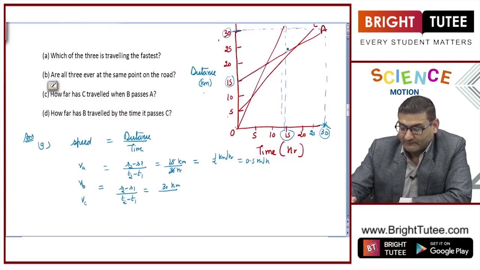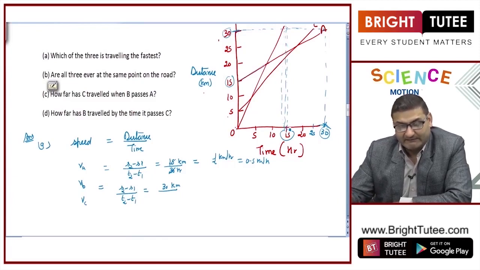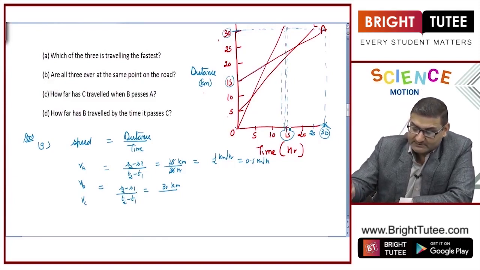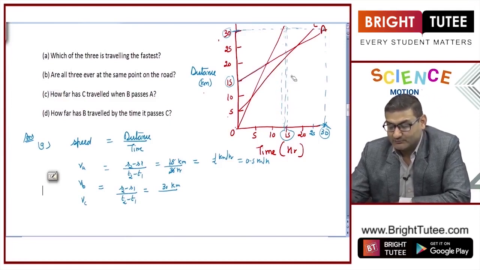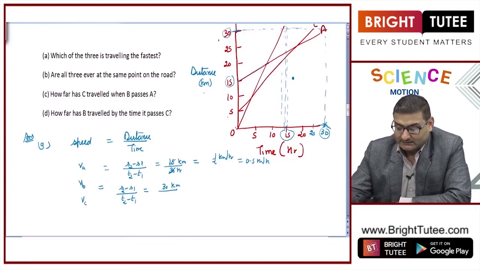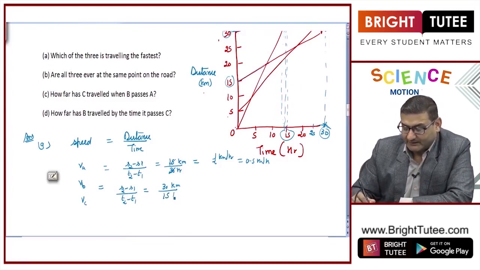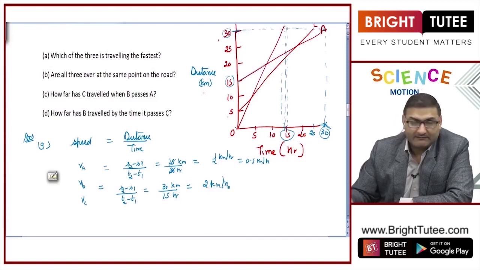This should come to 15. Actually, with scale, if you draw a perpendicular, it should be 15. I am just drawing by hand, that is why it deviates a bit from where it should have been. So let us take this 15 hours. Now its speed is 2 kilometers per hour.